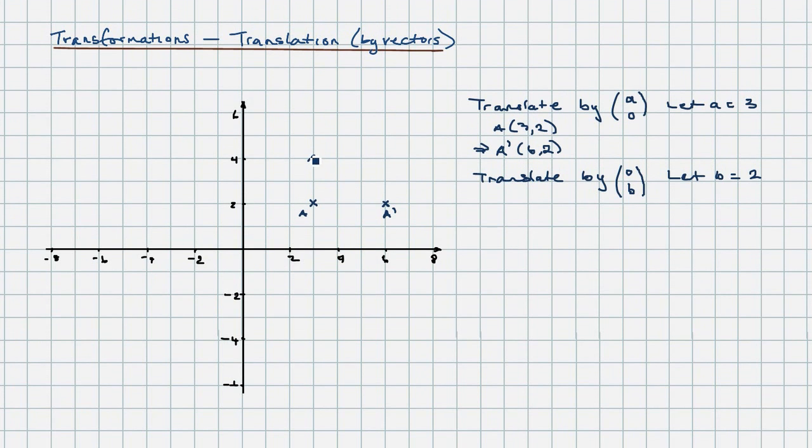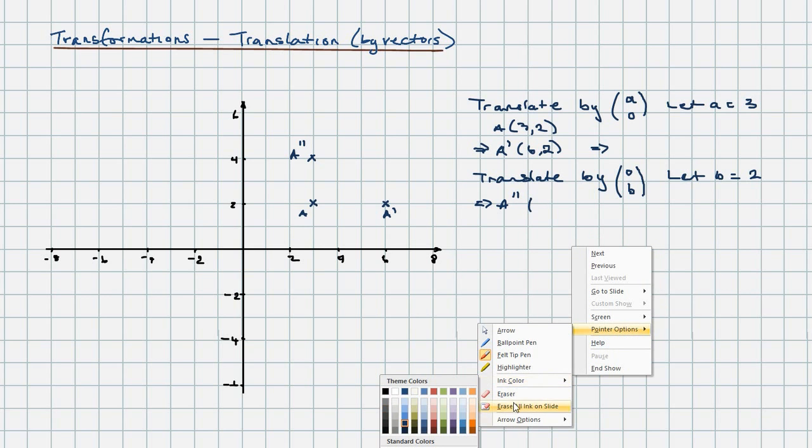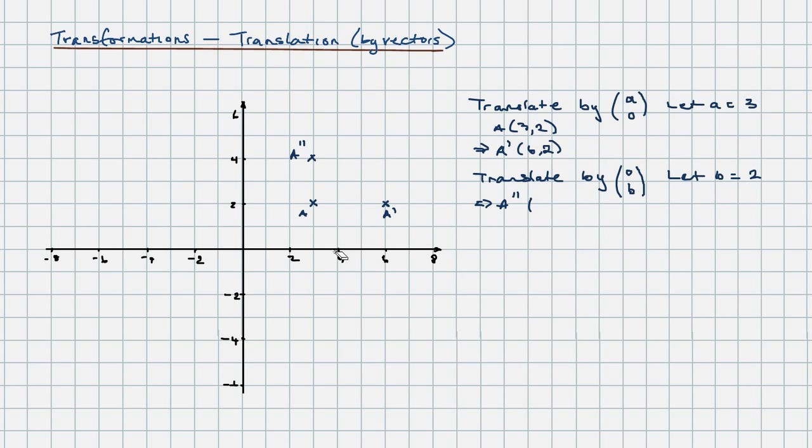that this point here, we'll call it A prime prime, is going to be at 3, 4.